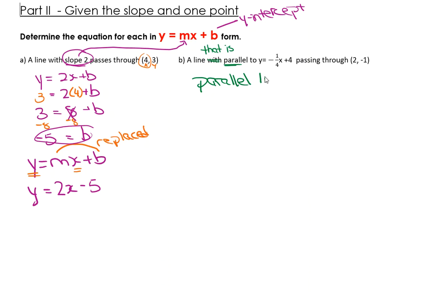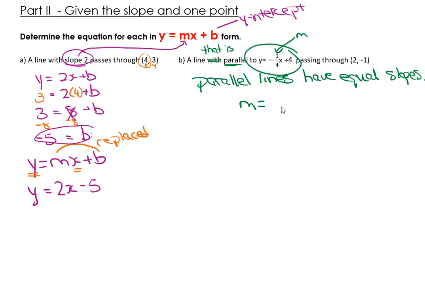Parallel lines have equal slopes. So that means the slope of my line is, what's the slope of the line? Well, if it's parallel to this one, what's the slope of that line? This number is the slope. That's your m.